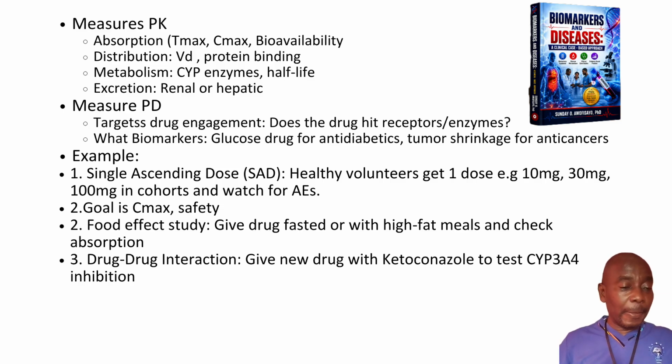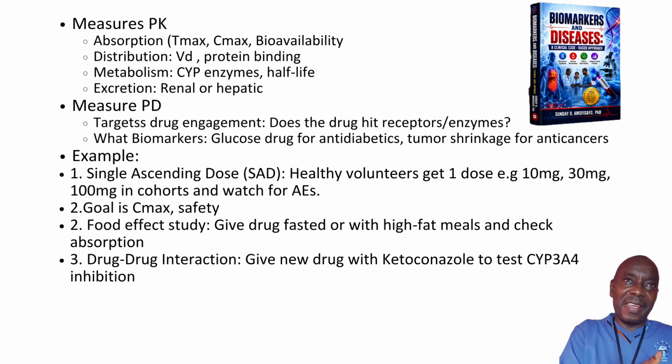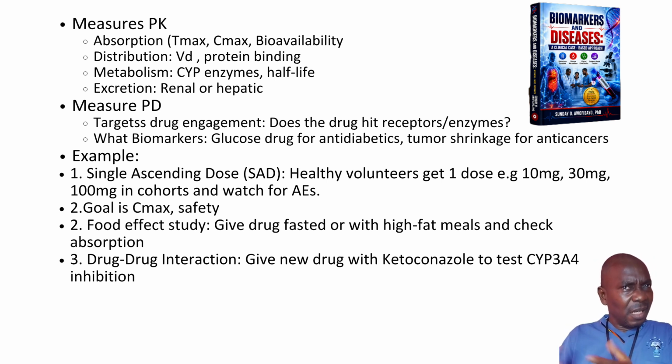And so, examples of phase 1 clinical trials include single ascending dose (SAD), where healthy volunteers get one dose, maybe 10 milligram or 30 milligram or 100 milligram, as we escalate the dose in cohorts, and they watch for adverse events. So in the 10 milligram cohort, nothing, no serious adverse events. Then in 30, is there any?